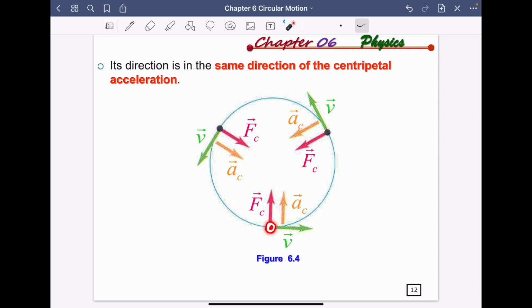So kalau at this position, the V is perpendicular to the circular path, and the AC is toward the center, and FC also toward the center. At any position, dia akan pakai konsep ni. V is perpendicular to the circular path. Okay, so AC is toward the center and the FC is toward the center. So maksudnya di sini FC the same direction with AC.